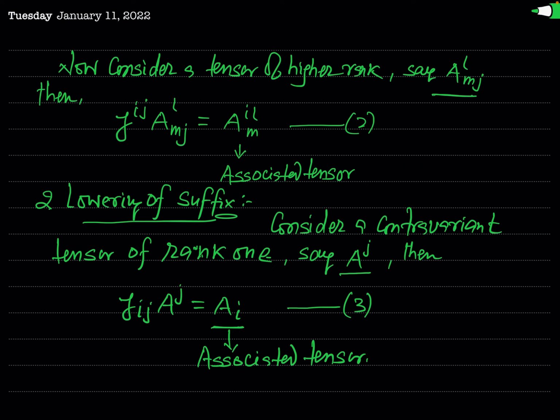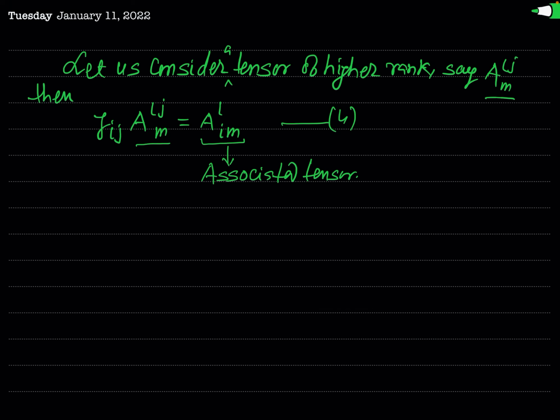How will we prove it? Whenever we have to show that a given quantity is a tensor, we must remember that any tensor is defined by a transformation law. So we will see whether these quantities obey the law of transformation of a tensor or not. And that transformation law will prove whether these resulting quantities are tensors or not.